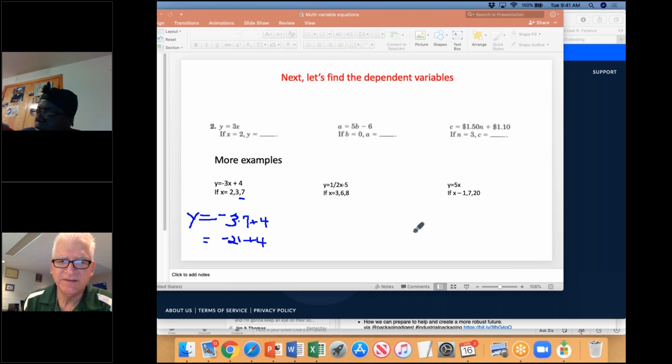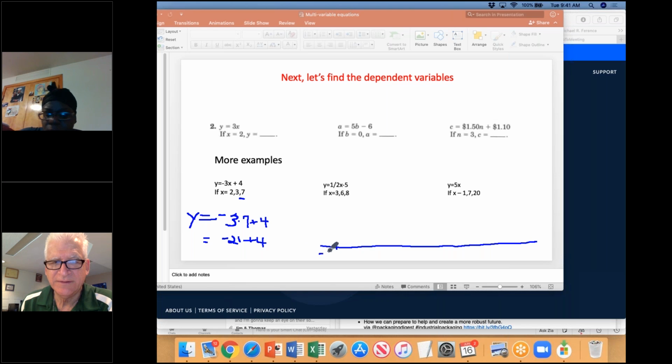So again, you do that number line, you're all the way over here at negative 21, and you're adding 4. 1, 2, 3, 4. So that's negative 20, negative 19, negative 18, negative 17. Yeah, negative 17. Okay? Right.